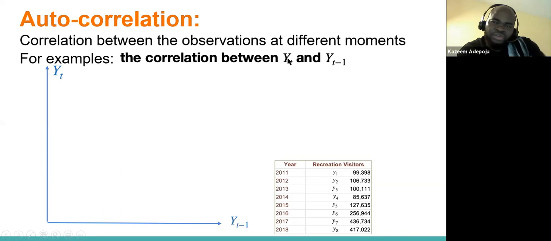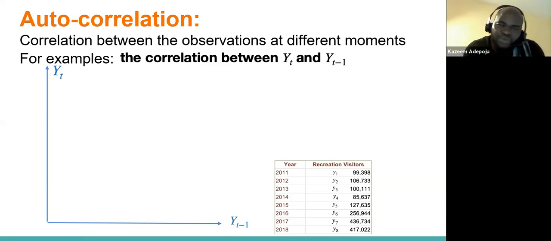Maybe if Y_t is the data for 2012, this one is going to be the data for 2011. So I will lag this by one. At another time we could have Y_{t-2}, that means the number of lags is 2.